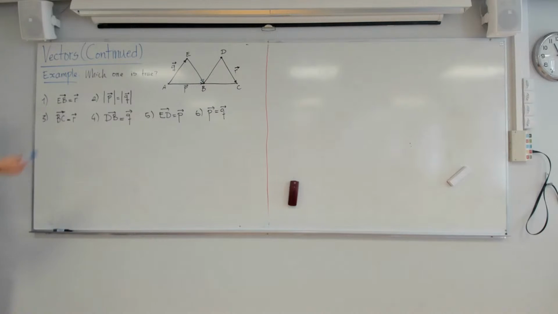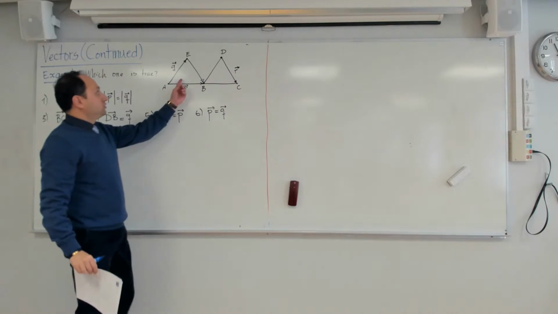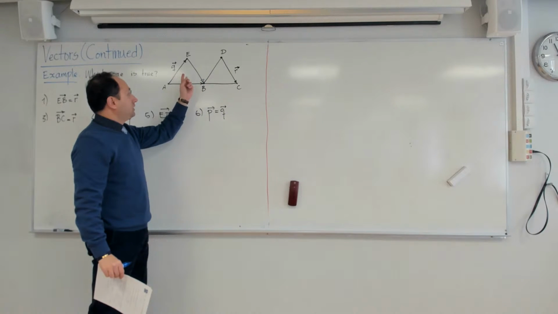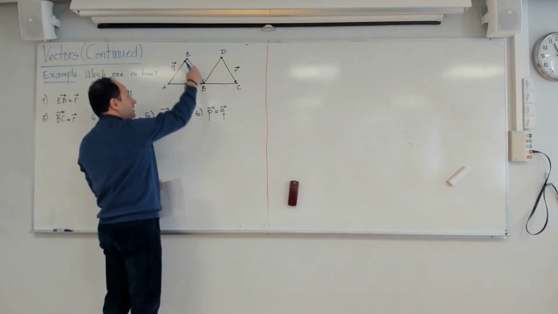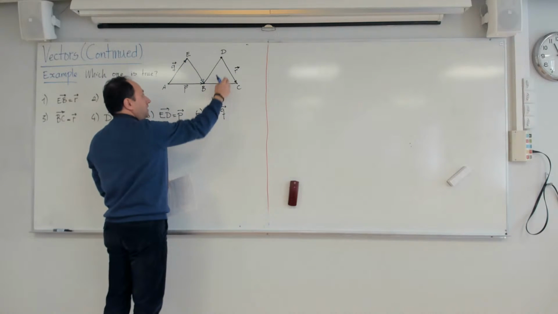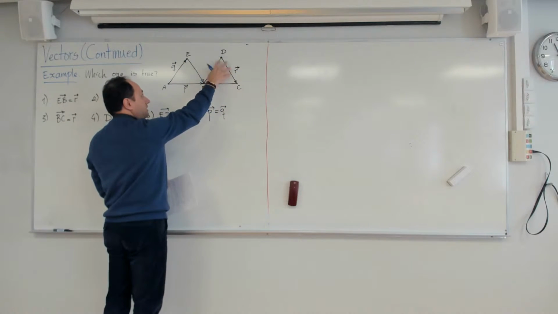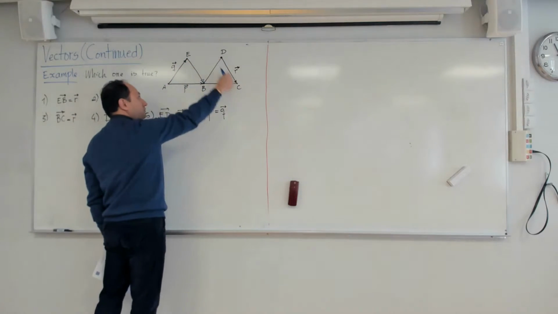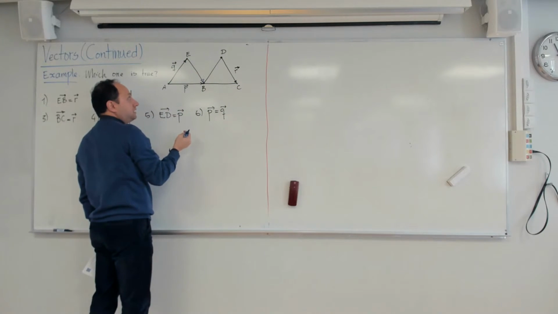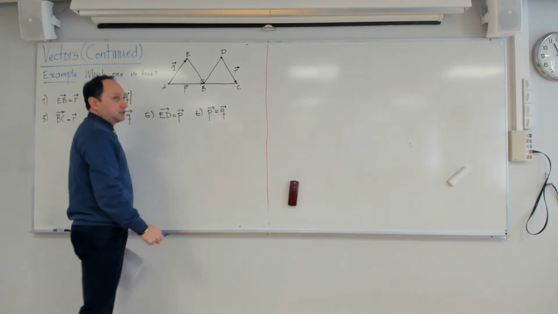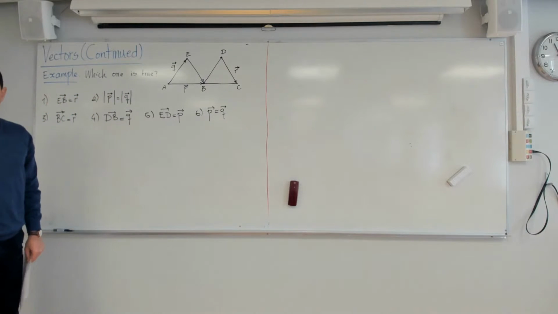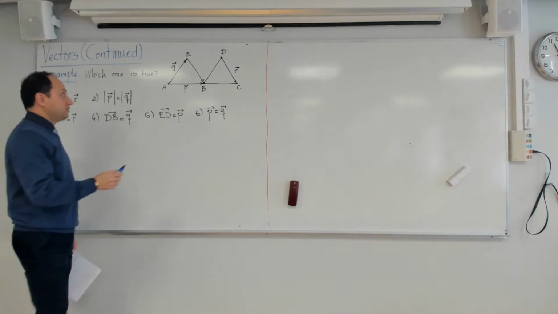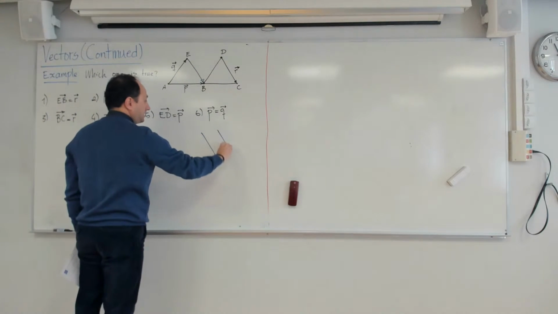Yes, because they have the same length, because I told you that they are identical copies of the same equilateral triangle. So the lengths are all the same here and there, and the lengths of the sides here and the sides here are the same. So this vector and that vector have the same lengths, and they are parallel. Why are they parallel? There is a theorem before that. So you see, these two lines are parallel.